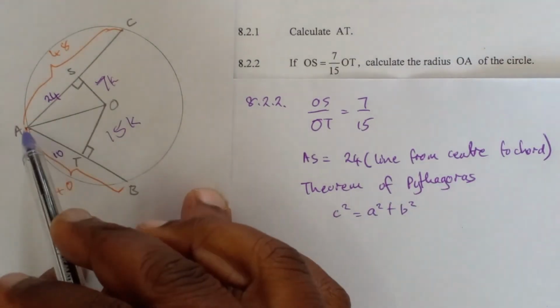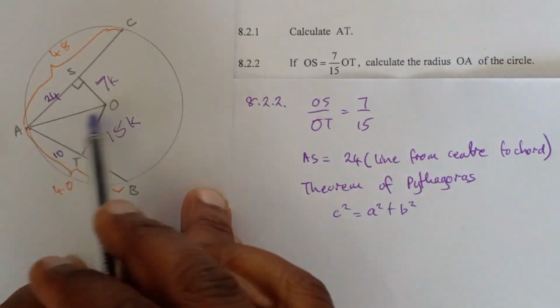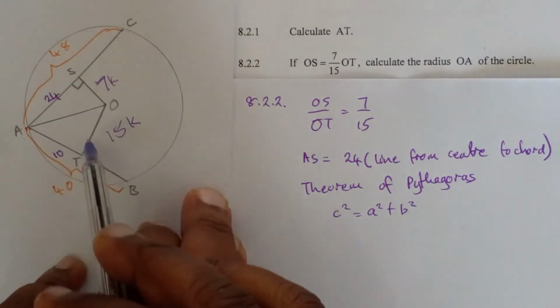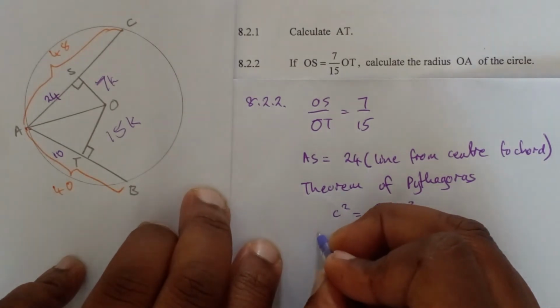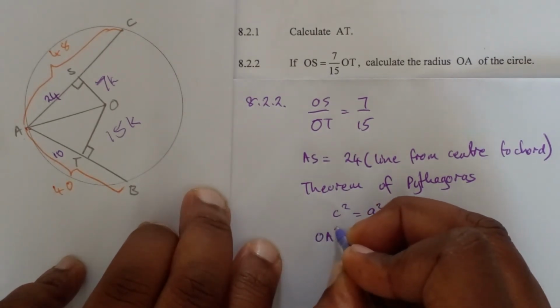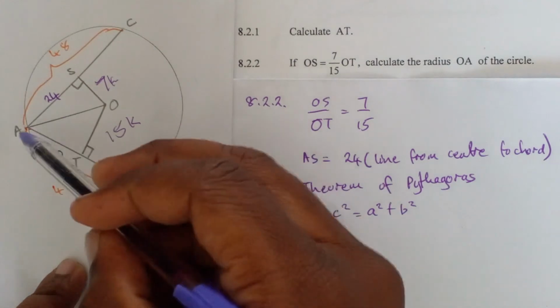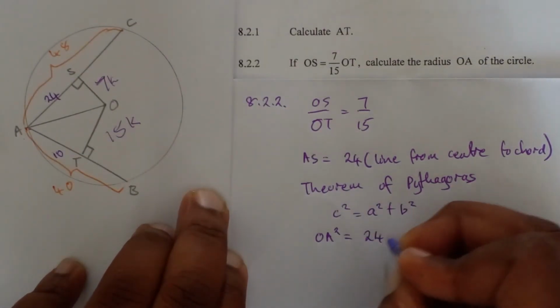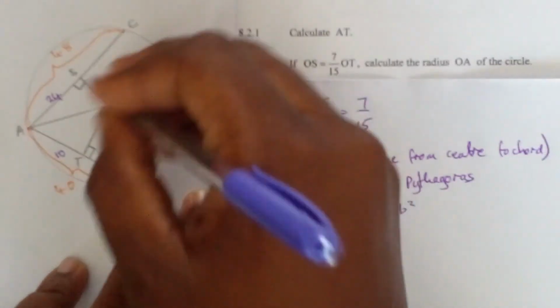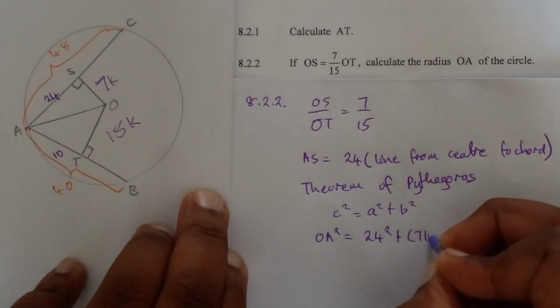If we look here, OA is the hypotenuse of this triangle, and of that triangle as well. So OA squared is equal to AS, which is 24 squared, plus 7k squared.